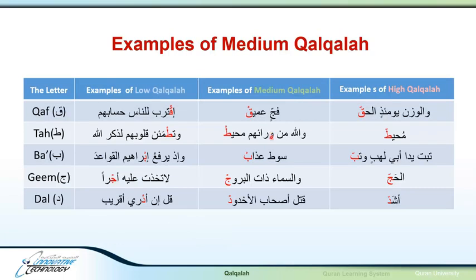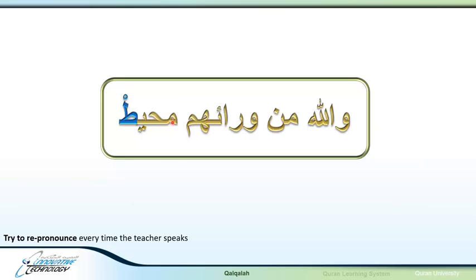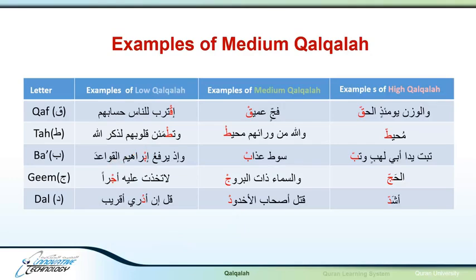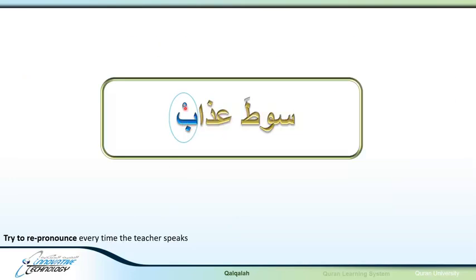Next example. محيط. Ta at the end of the word, at the end of the verse. والله من ورائهم محيط. عذاب also. Ba at the end of the word, at the end of the sentence or the verse. سوط عذاب.